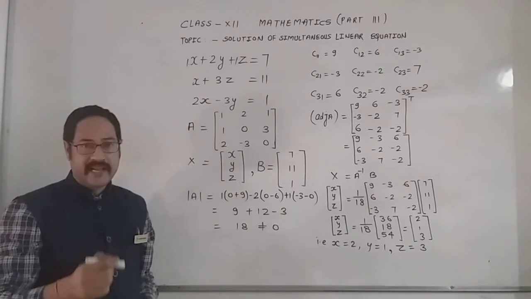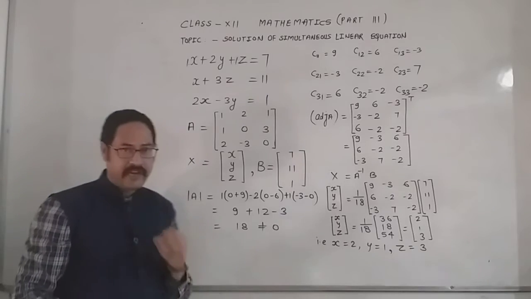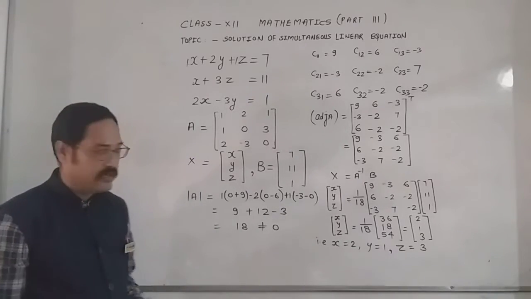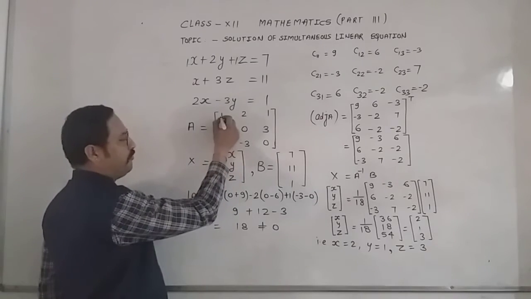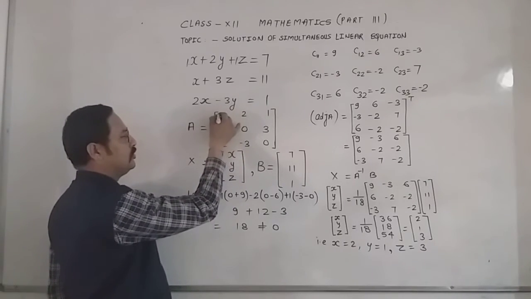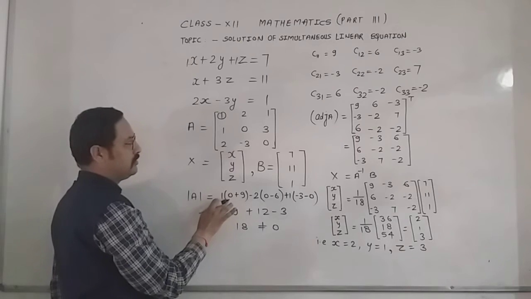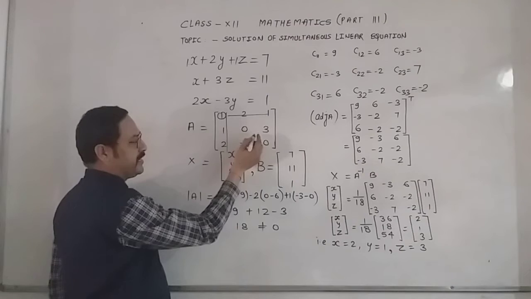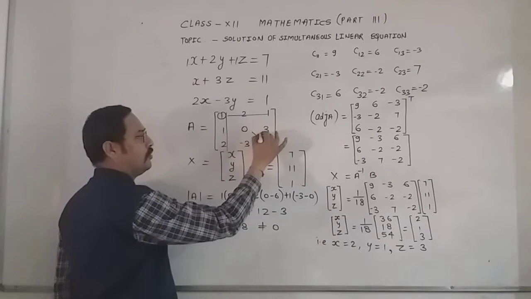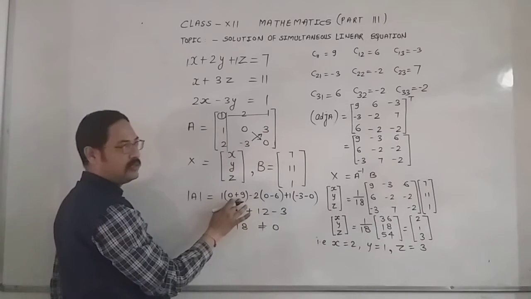As I told you, at first we have to find the value of the determinant A. Here, what is the value of determinant A? We can expand by the first row, here 1. By deleting that row and that column, we get 0 plus 9.